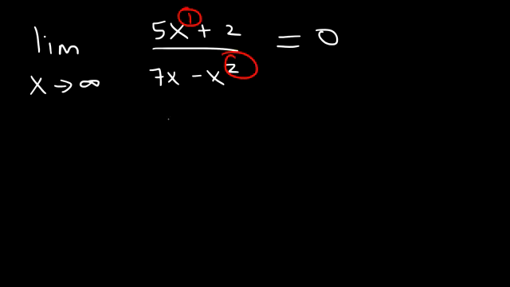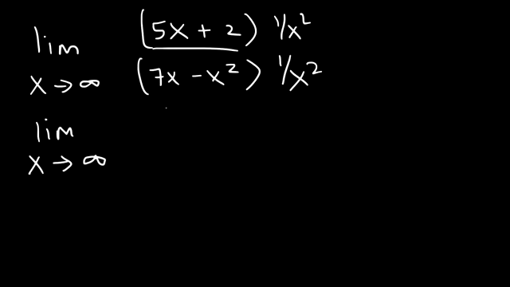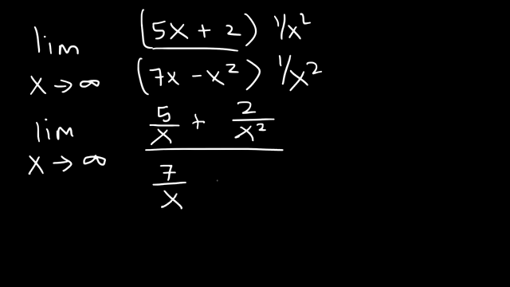Now, if you want to show your work, here's what you can do. Multiply the top and the bottom by 1 over x squared. So what we're going to have is the limit as x approaches infinity of 5 divided by x plus 2 over x squared, and then this is going to be 7 over x minus 1.